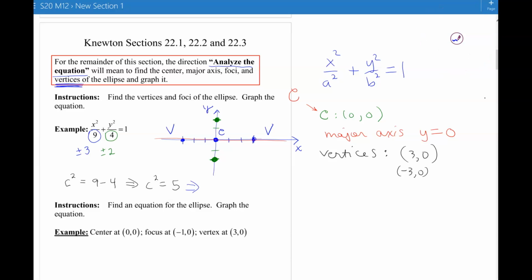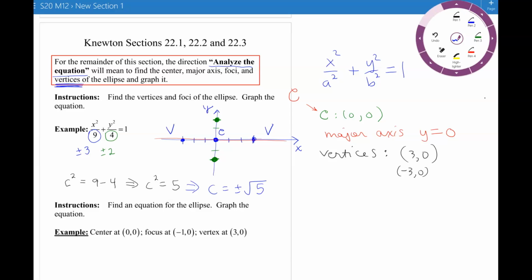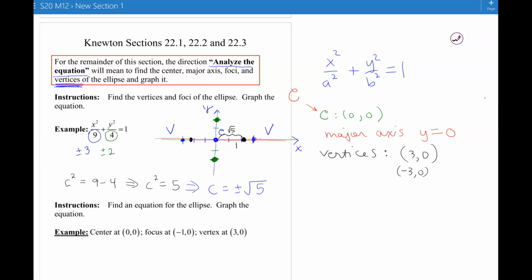So that means c is going to be plus or minus the square root of 5. And that's my distance from the center to the focus. Square root of 5 is a little more than 2. It's not important exactly where we put it. You can label it as square root of 5, so you remember that's how far out it is. And this is a focus, and this is a focus.